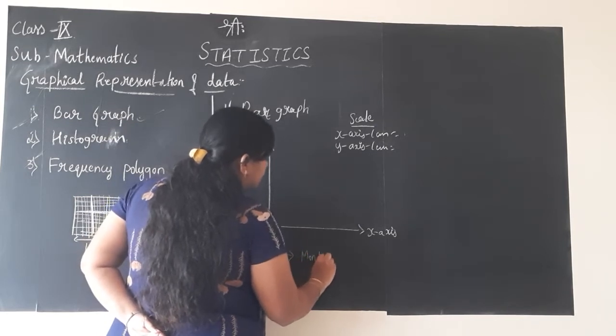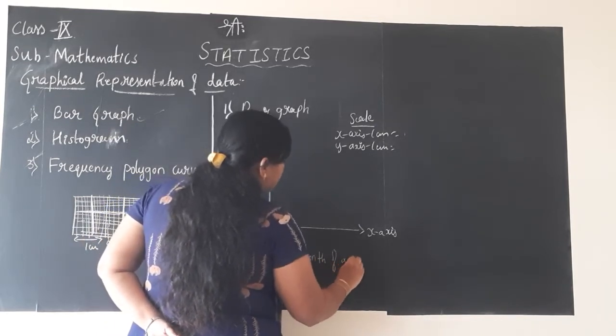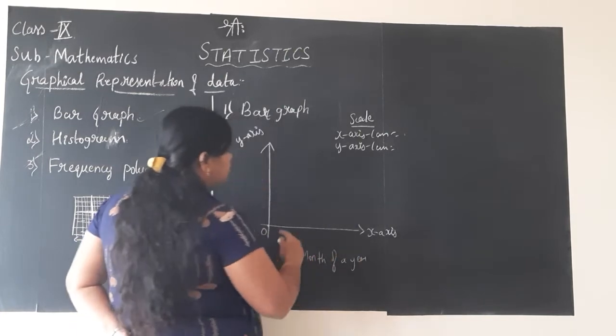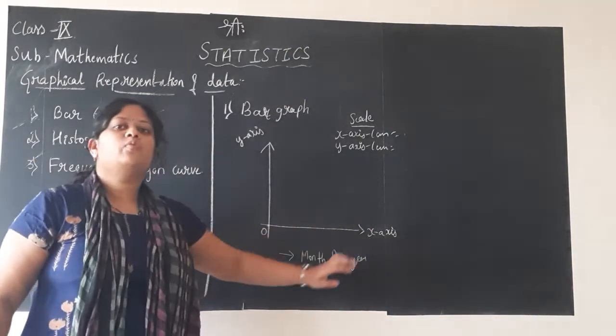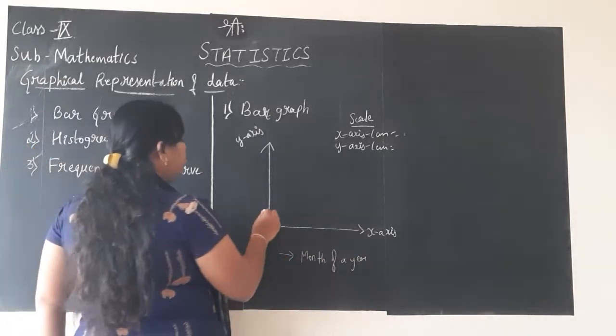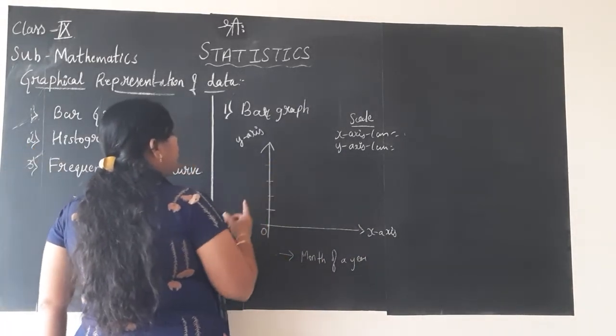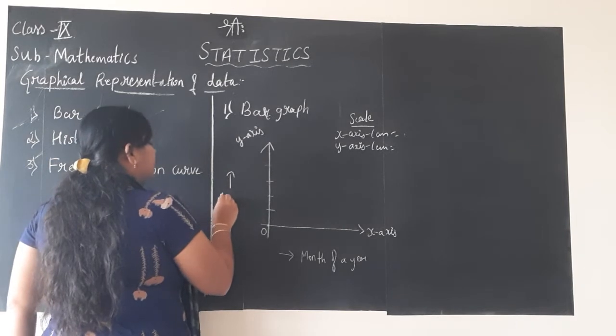So the x-axis consists of the months of a year, whereas the amount of rainfall will be plotted along the y-axis.